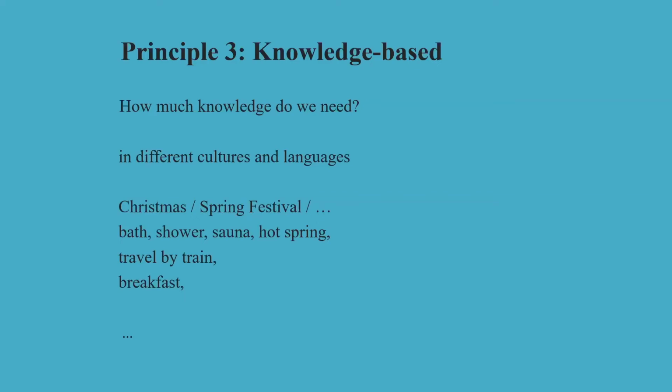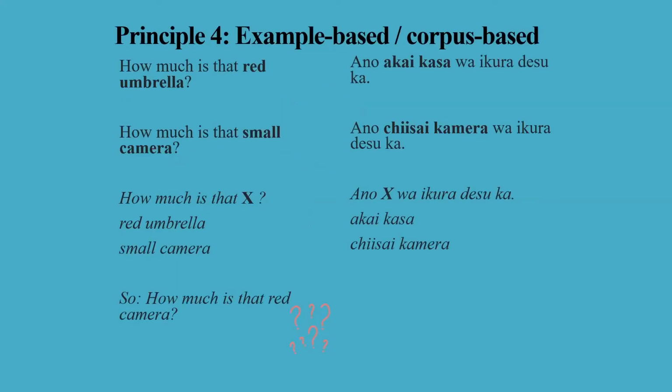The Chinese people have their breakfast in this way, and the Western people are actually a lot of different peoples, so they have their breakfast in quite different ways. So the knowledge-based approach also proved to be not the best way. And so people finally came upon the example-based approach.